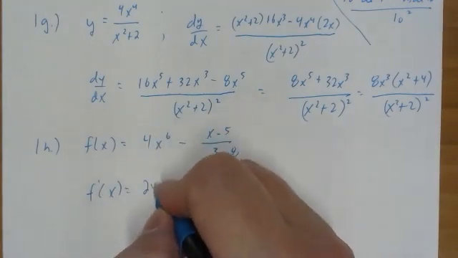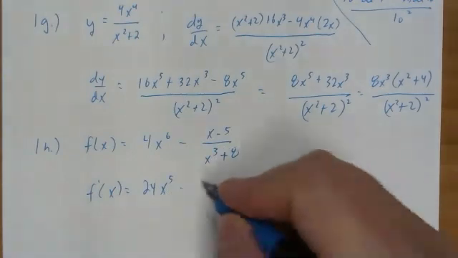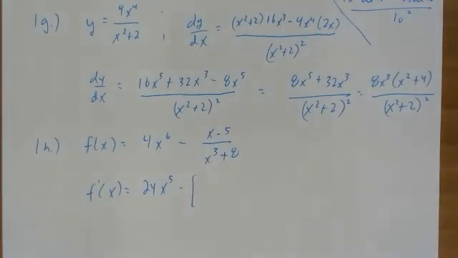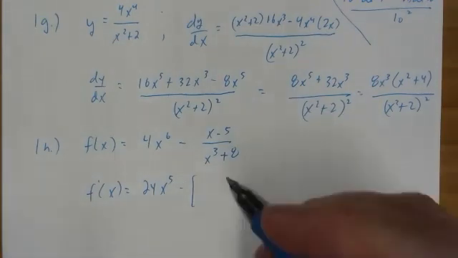Derivative of this is just 24x to the 5th minus. Now, derivative of the second term is going to be a lot messier because I've got to use a quotient rule.